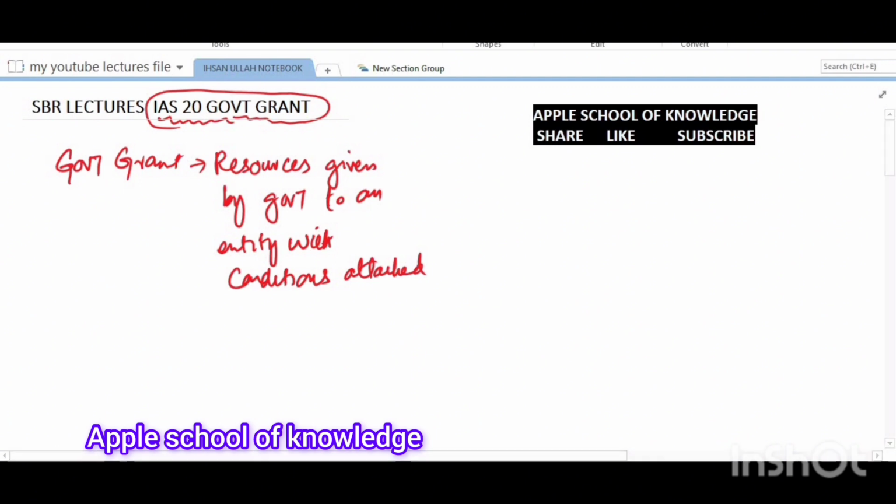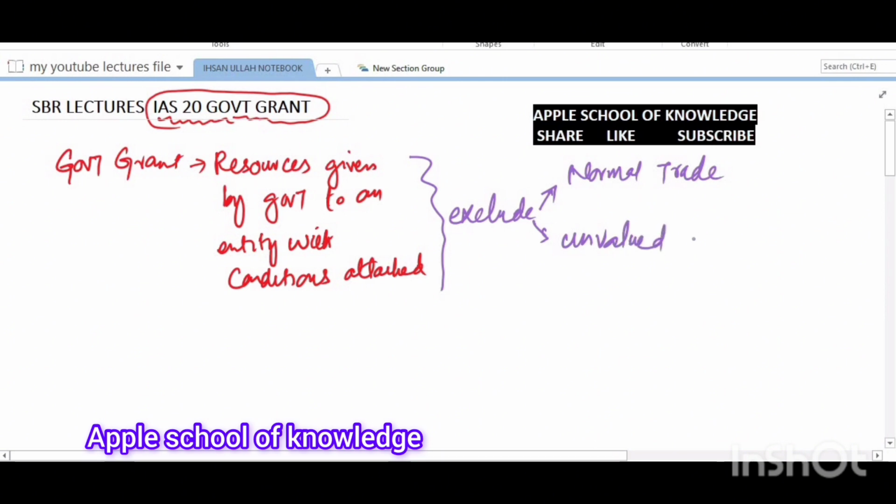Now this will exclude two things. The one is normal trade, and we'll explain what that means. Grant for normal trade. And another one is unvalued government assistance, and we will discuss what is meant by government assistance, but we are now talking about unvalued government assistance.